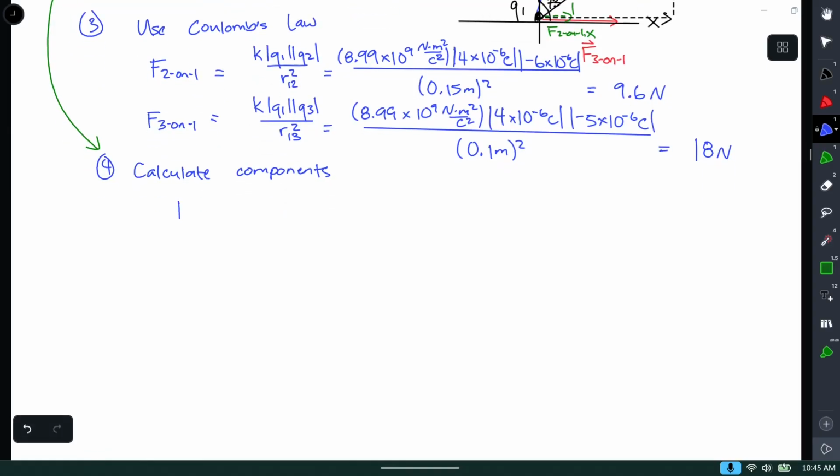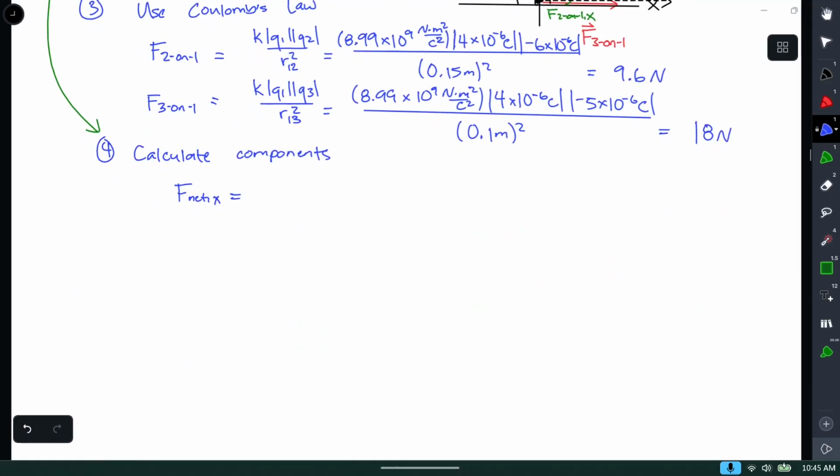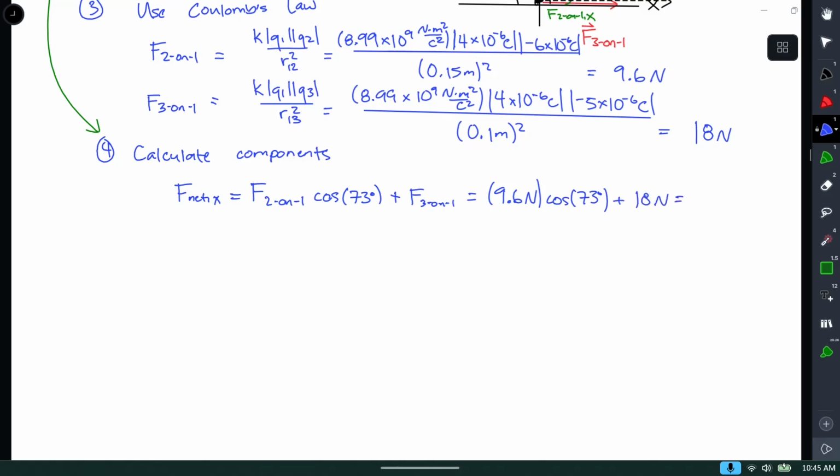So the net force in the x direction is F2 on 1 cosine 73 plus F3 on 1. And we now know that's 9.6 cosine 73 plus 18. Comes out to something like 21 newtons.